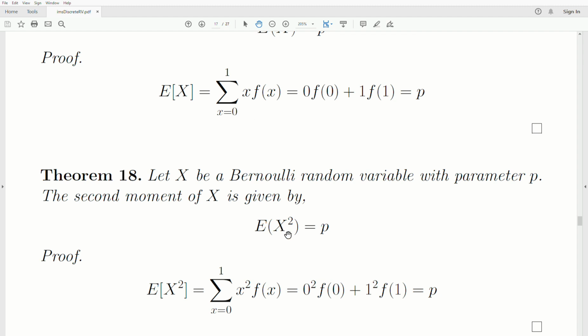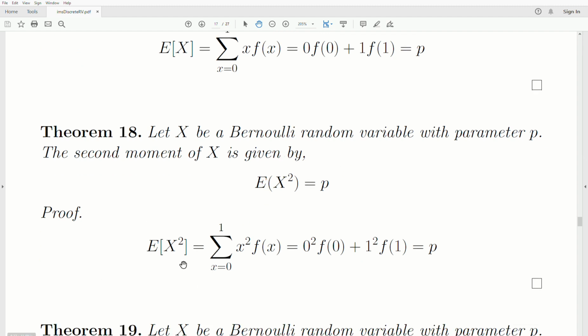So x squared and x are the same in a Bernoulli random variable. So the proof is this: the expected value of x squared, you take x squared times its density summed over all possible values. You plug in 0 everywhere, add it to plugging in 1 everywhere, you get p back.